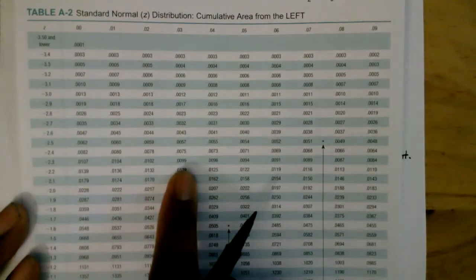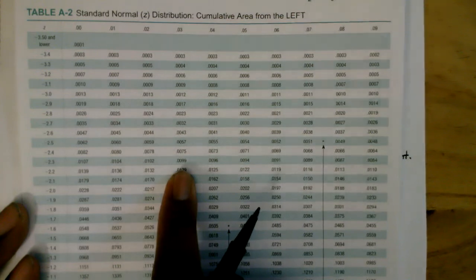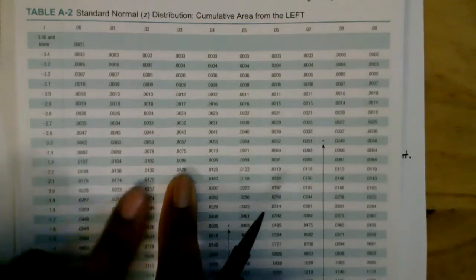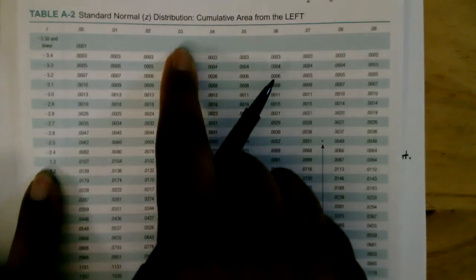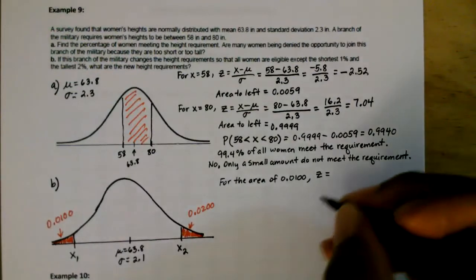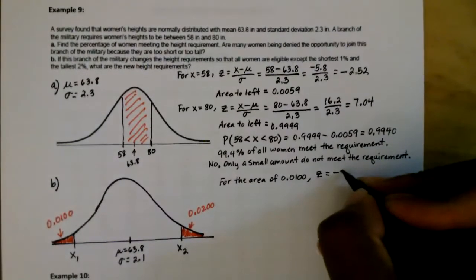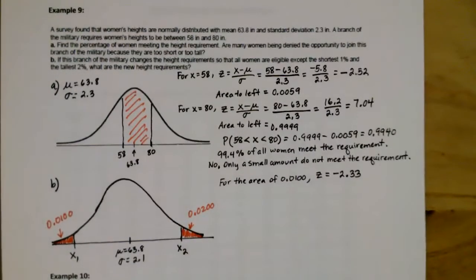I'm going to try 0.0099. That's a little less than 0.0100. Let's use that. The row it's in is negative 2.3, and the column is 0.03. So the Z value is going to be negative 2.33.